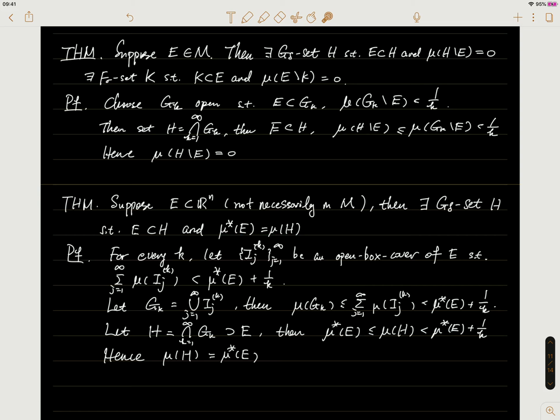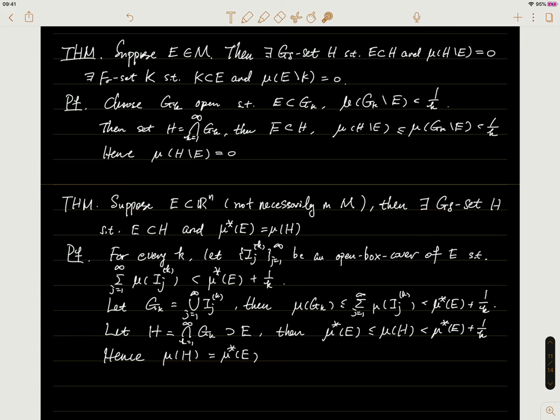We cannot show something like that, because although H and E have the same measure and H includes E, the outer measure does not have this additivity, so the difference H minus E does not necessarily have outer measure 0.